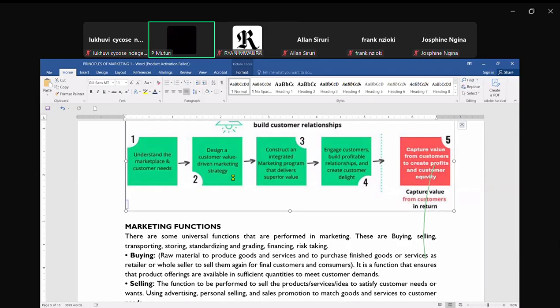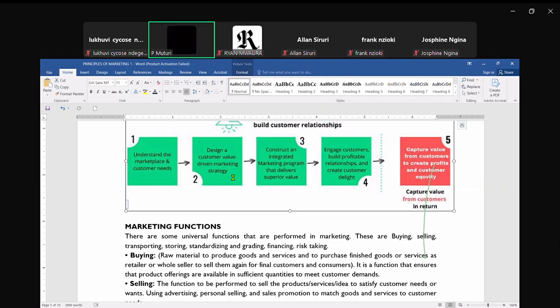The other key stage or step in that process is to engage customers. This is now building long-term profitable relationships with the customers: customer service, customer relationship management, customer engagement, and so on, ensuring that customers are doing repeat business. They are repeat purchasing, they are loyal to the company's products and services.